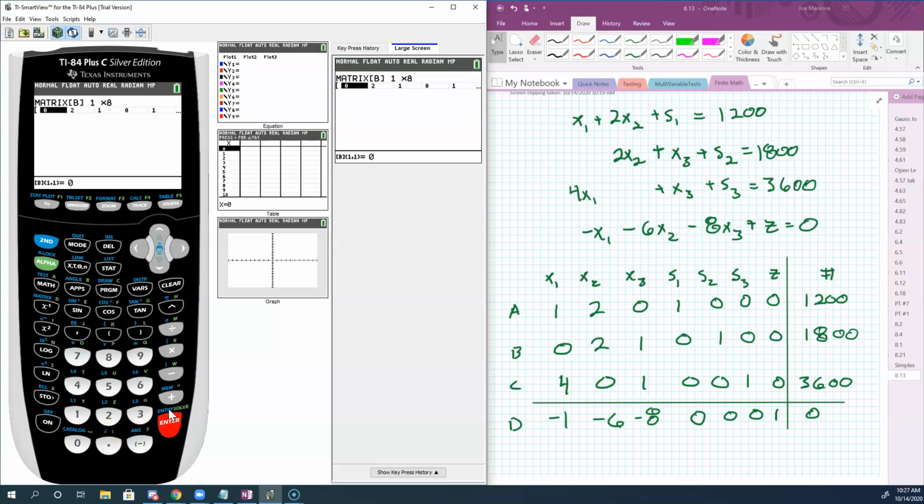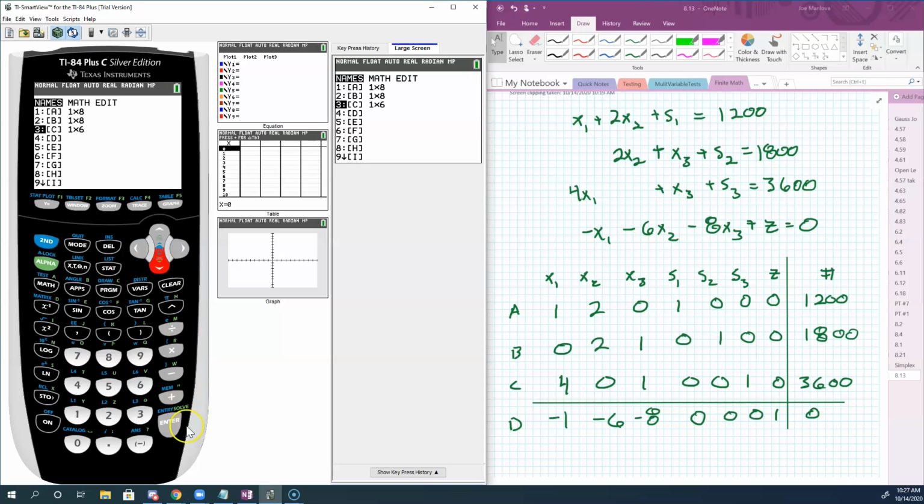This is the kind of thing where it might be helpful to have a friend talk as you enter. Okay, so 0, 2, 1, 0, 1, couple of zeros, and an 1800. Okay, good. So I got that one in.